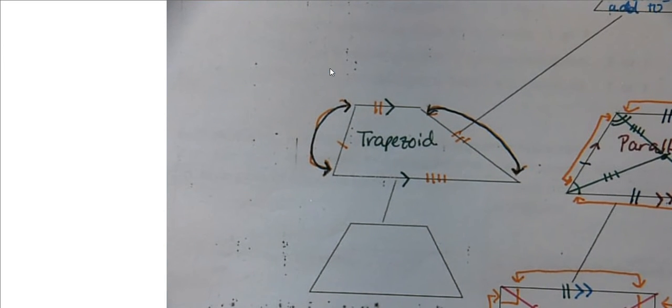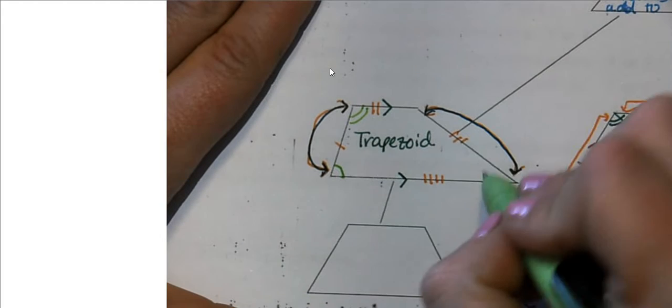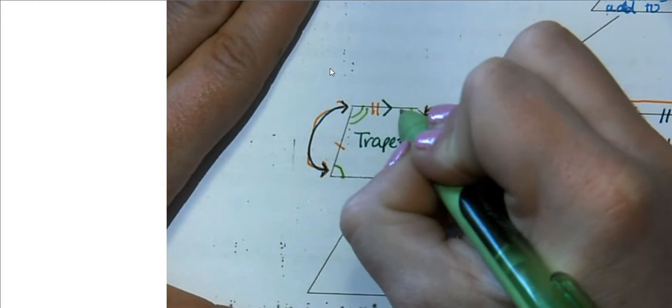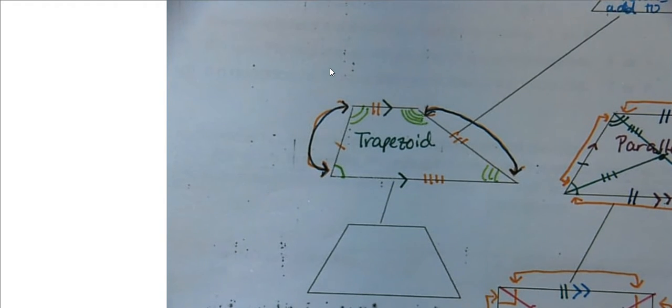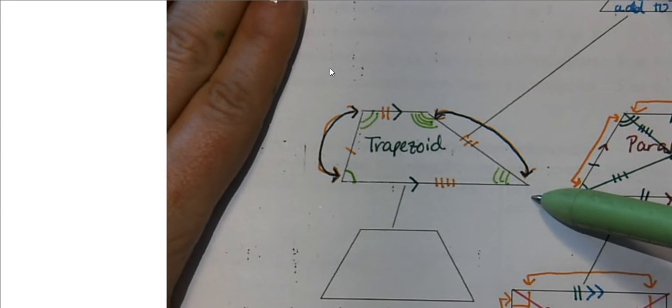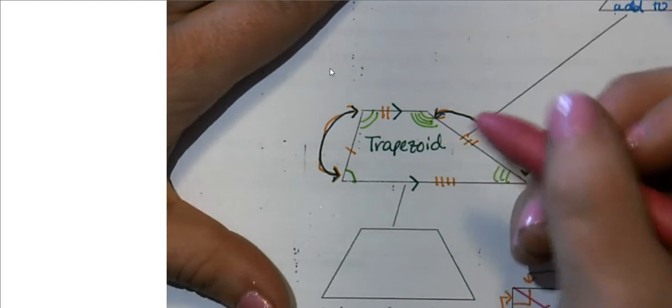Just one pair. These are called leg angles. And the leg angles, these two would be supplementary. And these two would be supplementary. Notice I'm using different arc marks for this trapezoid. None of the angles are related to each other other than the leg angles. We have things that are called bases, and the base angles are not related to each other at all.